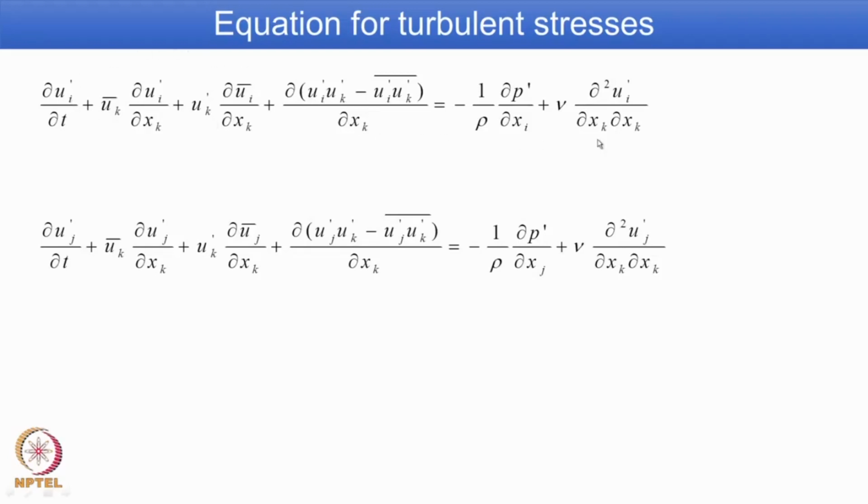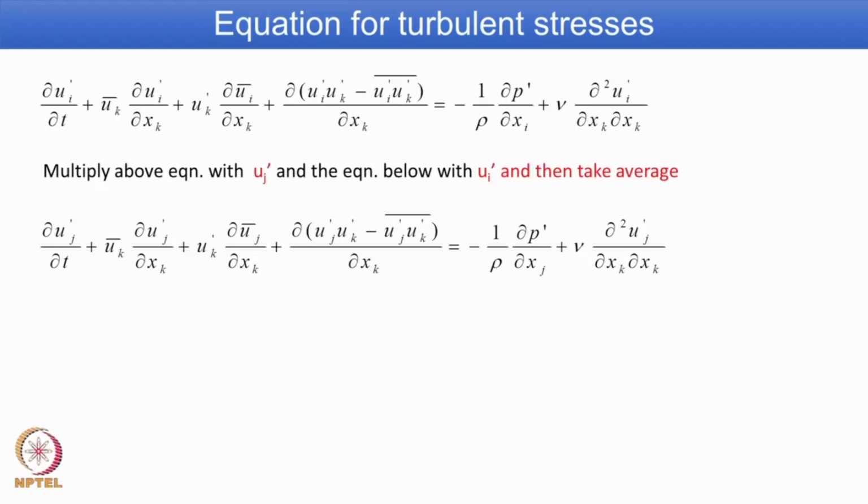The first equation is an equation for fluctuating quantity ui prime, the second equation is an equation for fluctuating quantity uj prime. Now, what do we do? We multiply the first equation by uj prime and the second equation by ui prime, sum them up, then take average. Why do we have to do this? We want Reynolds stress, and the Reynolds stress is actually ui prime uj prime.